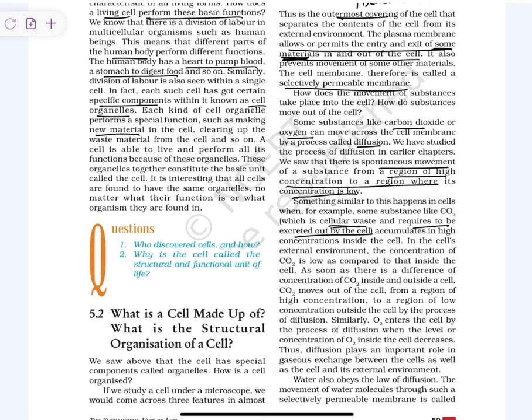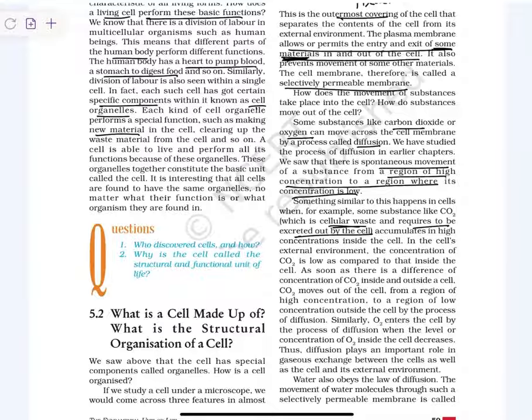So CO2 accumulates inside the cell, and in the outside environment the concentration of CO2 is low, and inside the cell the concentration of CO2 is high. So according to the movement from high to low concentration, the CO2 gas will move from inside the cell to the outside environment.